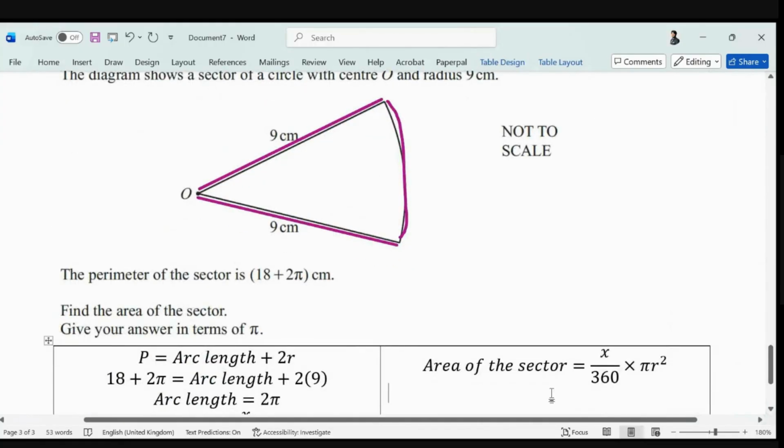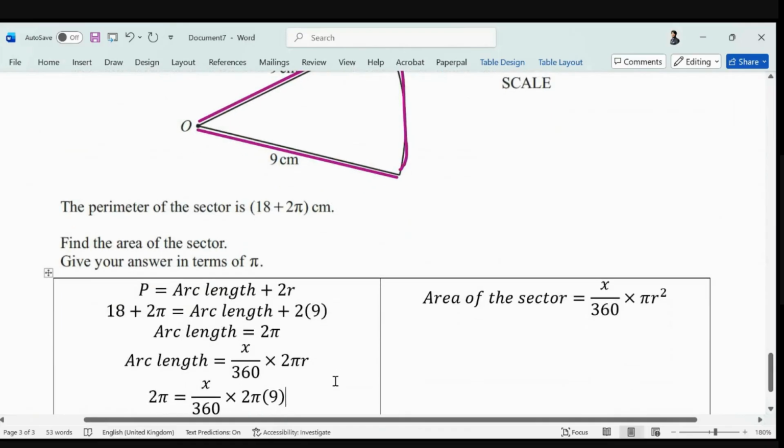Now this one. Figure out the angle at the center that you get.